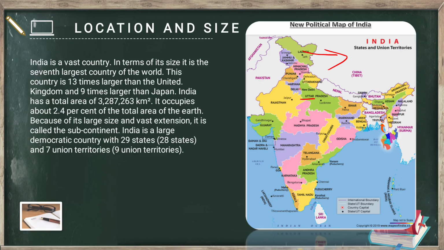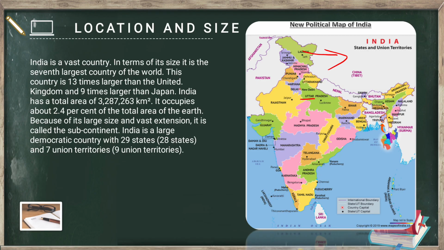Legislature means state assembly. So they will not have elections there. But in Jammu and Kashmir, they will have the election, the state election. That means we will call it a union territory election.